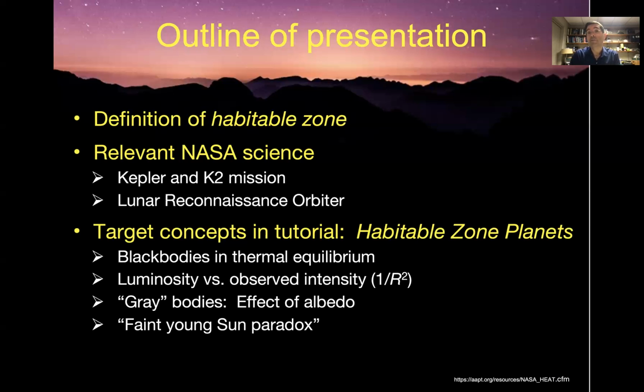Black body radiation will be a foundational idea that we build upon, in addition to how intensity varies with distance from a source and other factors that play into what might be an approximation for finding an average temperature for a heavenly body like a planet.